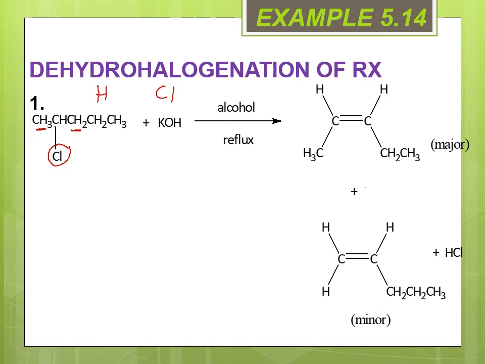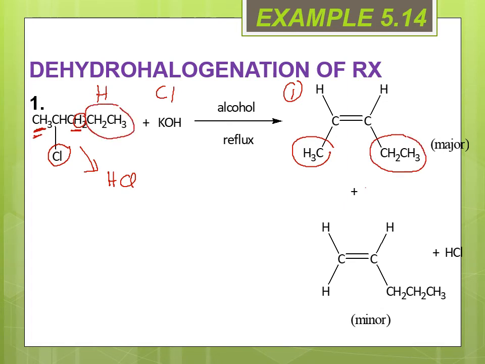So for our first answer over here, it is taking with it the hydrogen from the third carbon. HCl is removed. So it will be left with one methyl group here on the left and one ethyl group here on the right. So it would be the major product because according to Saytzeff's rule, the most stable alkene is the one that is having more alkyl groups.